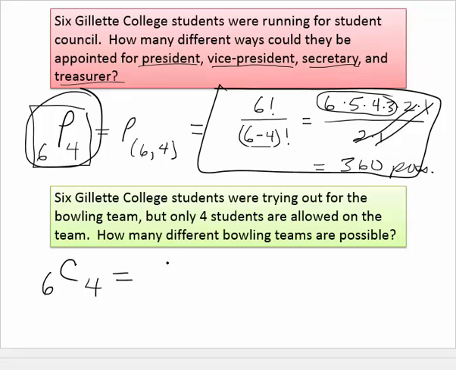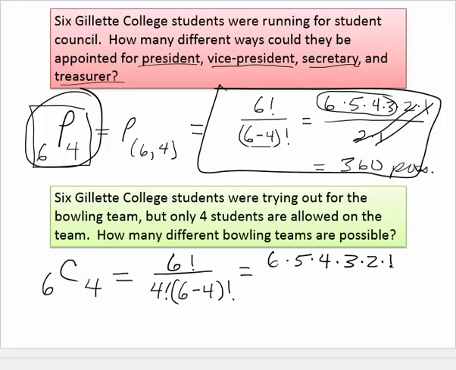Well, the combinations formula is still 6 factorial there. It's still 6 minus 4 factorial down here, but you might remember there was an extra r factorial right there. So what we have going here is 6 times 5 times 4 times 3 times 2 times 1 on top. And then my 4 factorial is 4 times 3 times 2 times 1.